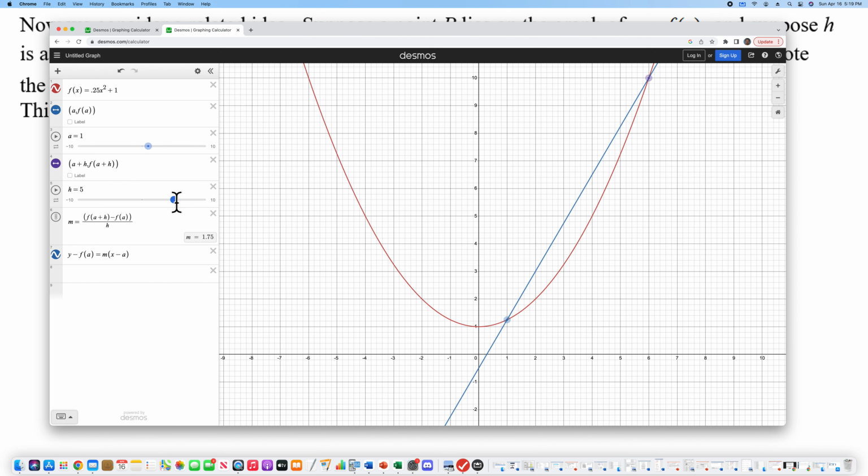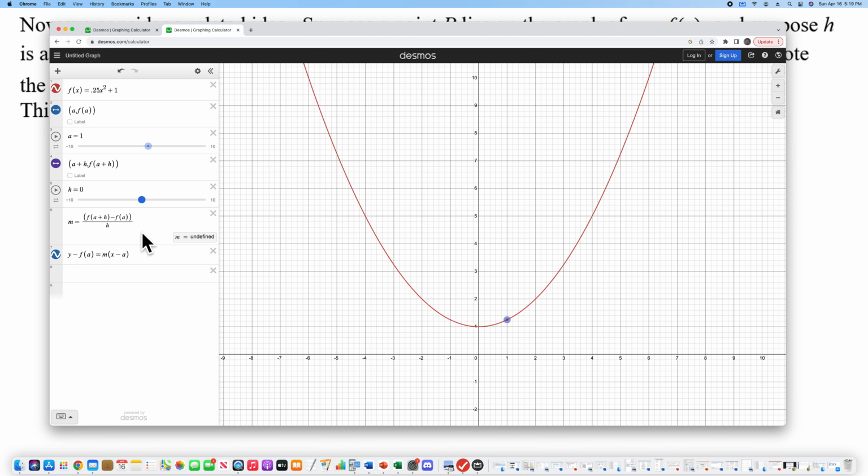So the idea here is to make your h smaller and smaller, and notice how the line starts getting closer and closer to the curve. So if your h is getting really, really small, pretty soon that straight line is going to appear to go right over the curve, and now that slope of that secant line is a good representation of the slope of that curve at that point.